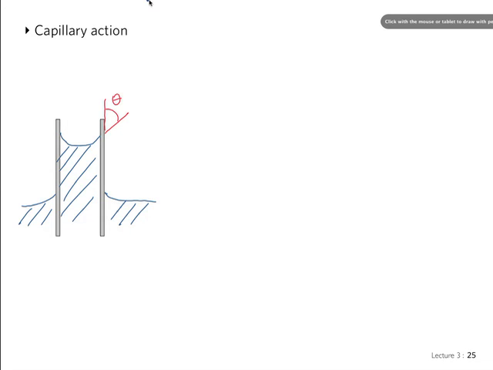This is called capillary action. And this happens when the adhesive forces between the liquid and the solid are stronger than the cohesive molecular forces in the liquid itself. And you get this little climbing of the liquid inside small interstices or capillaries or tubes.